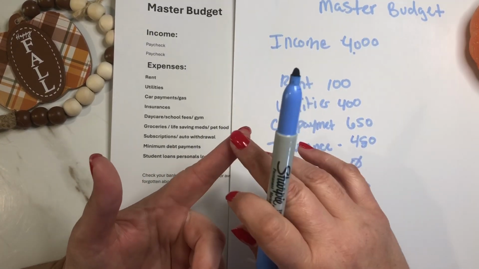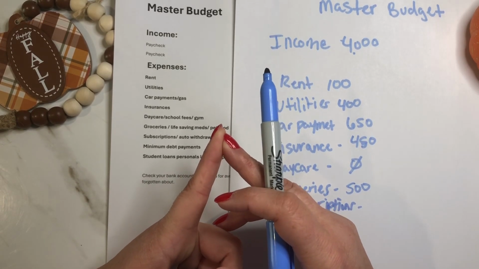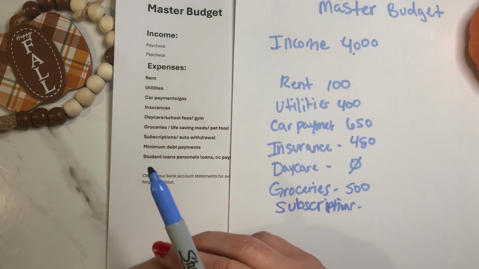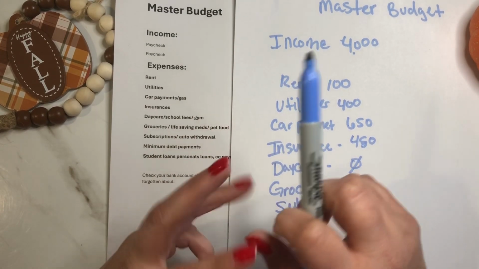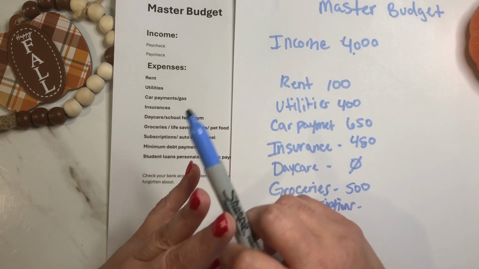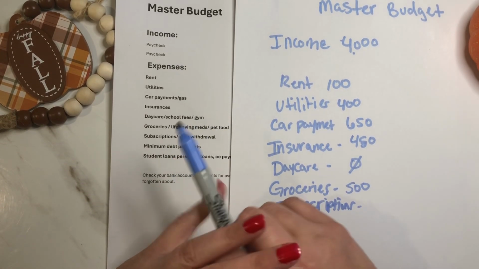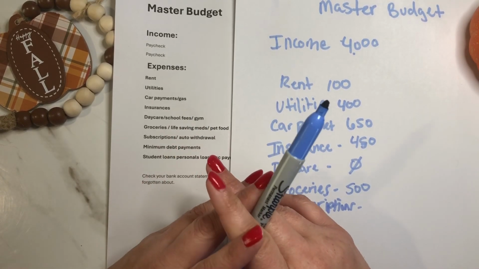I'm not talking about you going to Walmart and grabbing some new jeans or some new socks or grabbing some milk or something. I'm talking about every single thing that comes out every single month, such as your rent, utilities, your car payment, the iPhone subscription that you have for $5, your iCloud subscription for extra storage because your phone doesn't have as much storage.